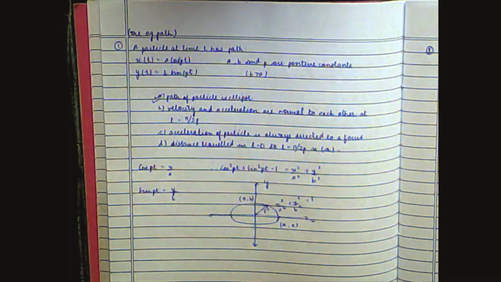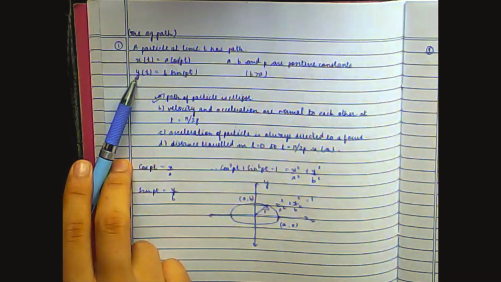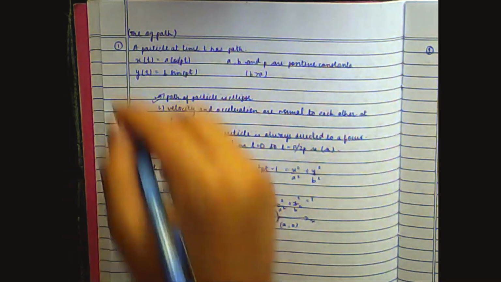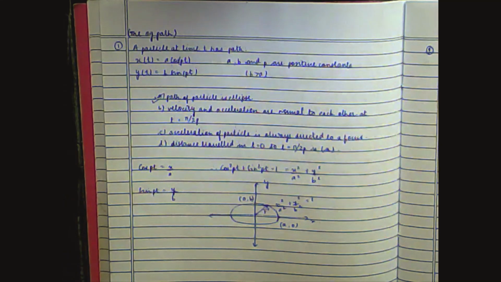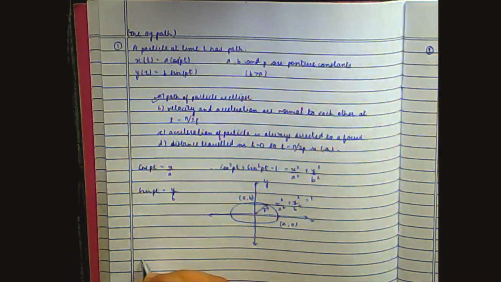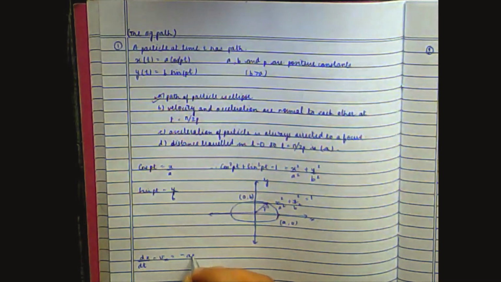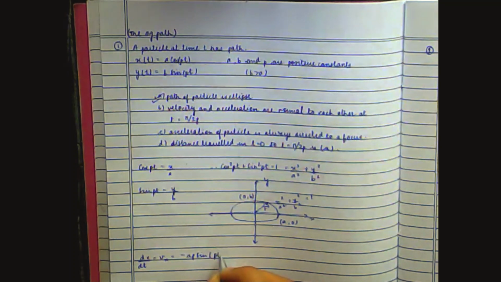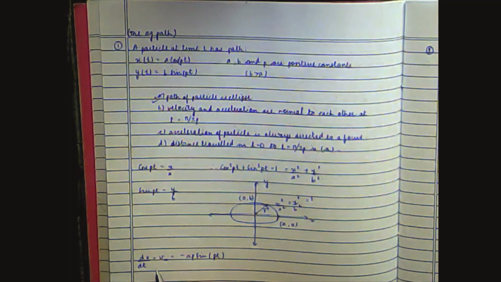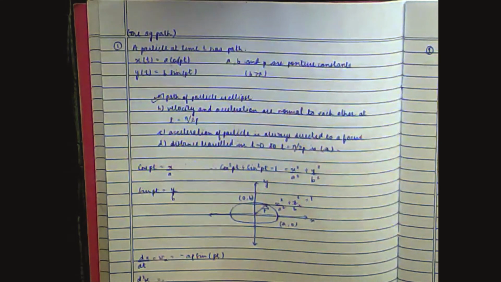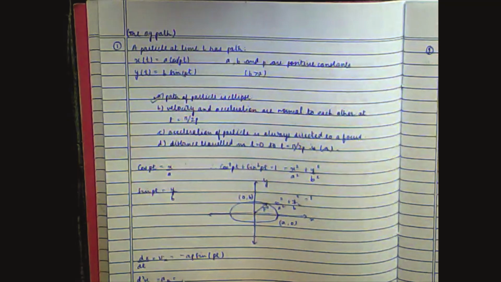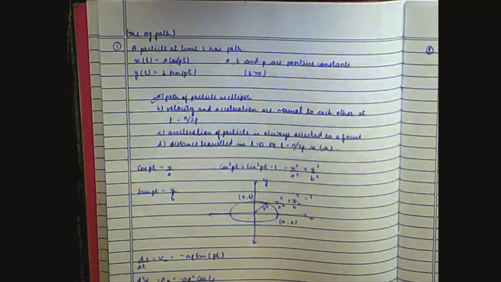Now x and y displacement is given, right? So we can find out the velocity in x direction. So that will be dx by dt, which is vx, equals minus ap sine of pt, and similarly d square x by dt square, which is ax, will be minus ap square cos of pt.